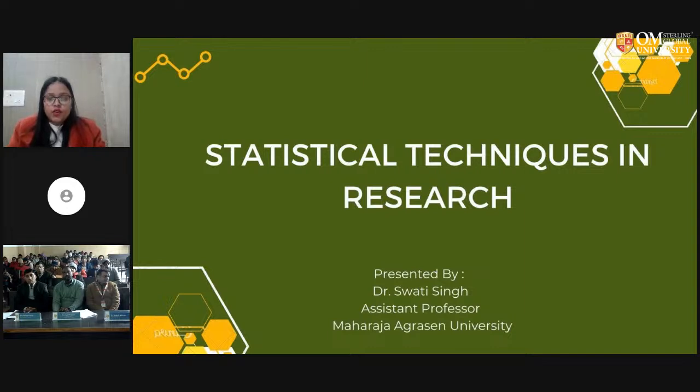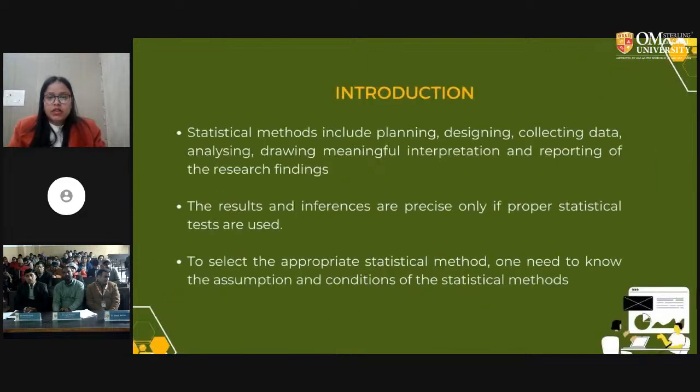What are you trying to do from a particular study? Am I going to study the relationship between two variables? Am I going to study the effect of one variable on another variable? So I have to first of all decide the aim and objective of the study. That aim and objective will give me one direction on selection of a statistical method.